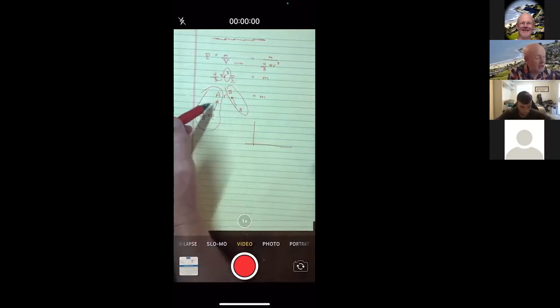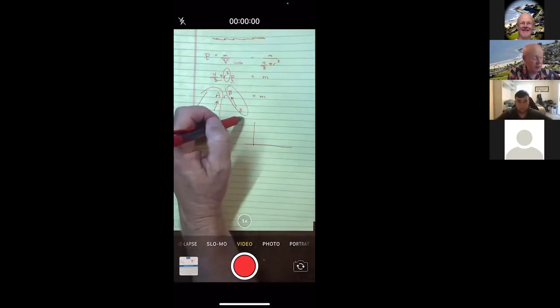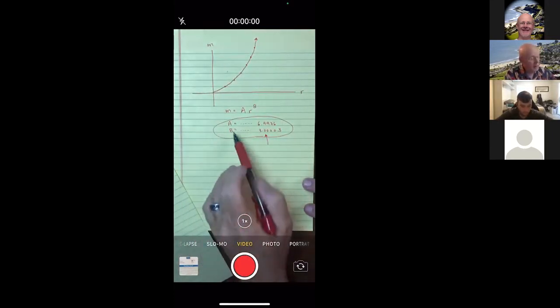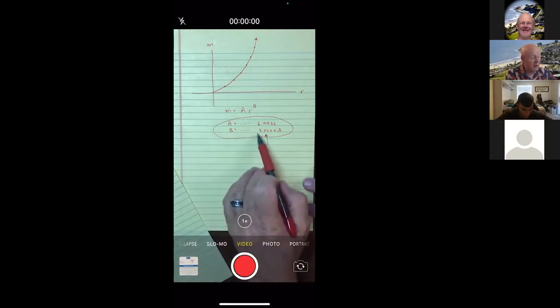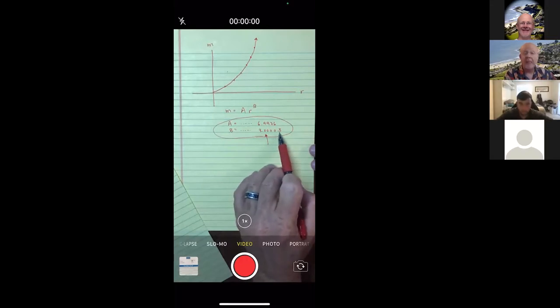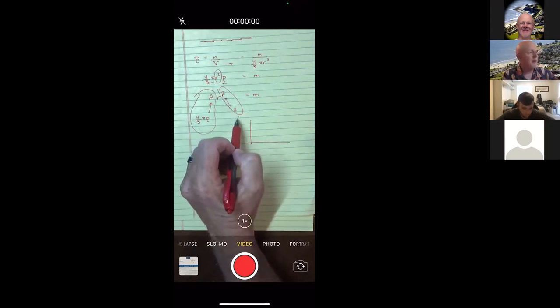Now, let me start with the easier of the two. B, the theoretical value is 3. So how does your experimental value of B, which is 3.00003, compare with the theoretical value of 3?